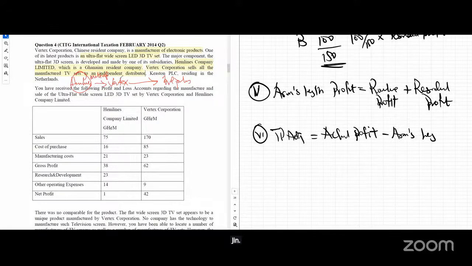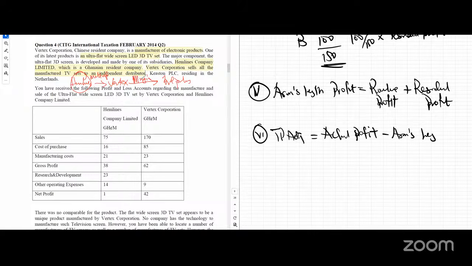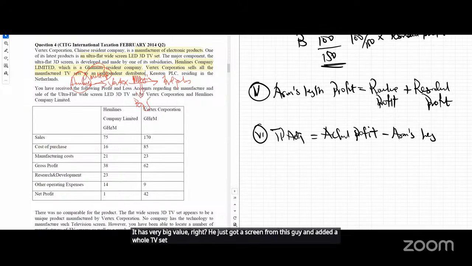Do you get it? But does he add little or no value to it, or does he have substantial value before reselling it? Substantial value. He has very big value, right? He just got a screen from this guy and added a whole TV set. So we can never use resale here, because if you just took the screen and resold it to another person without adding anything, then that would have been resale price.